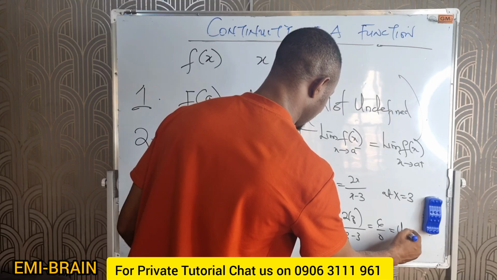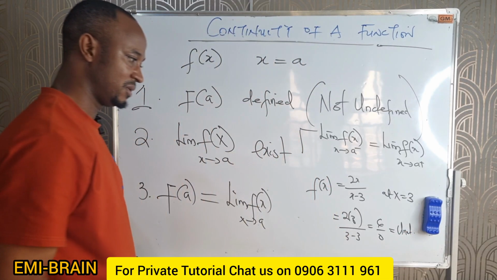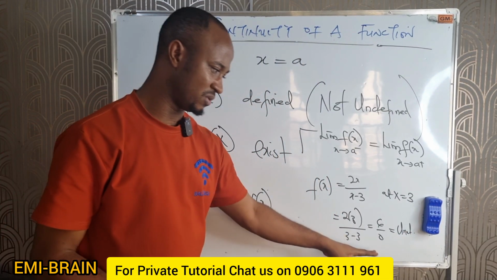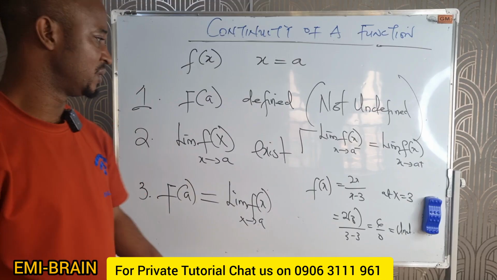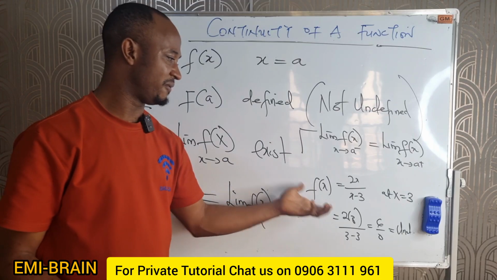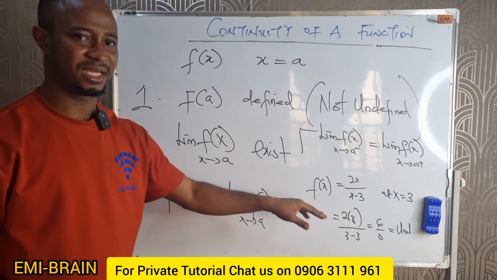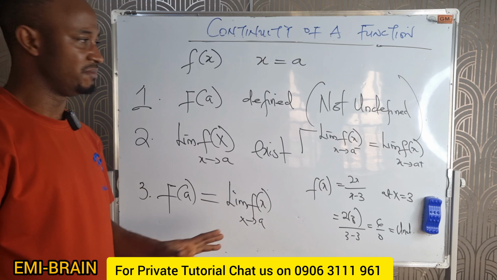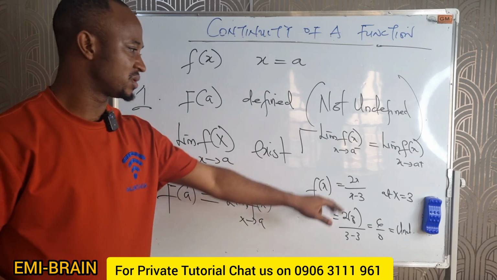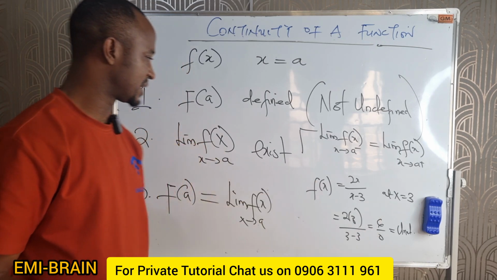Dividing 6 by 0 gives us an undefined value. So f of 3 cannot be defined, and it means this function is not continuous at x equals 3.